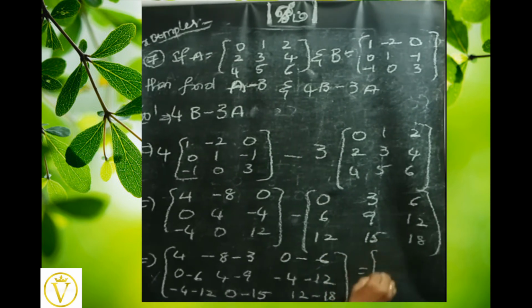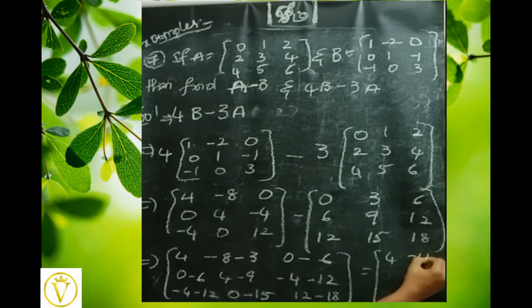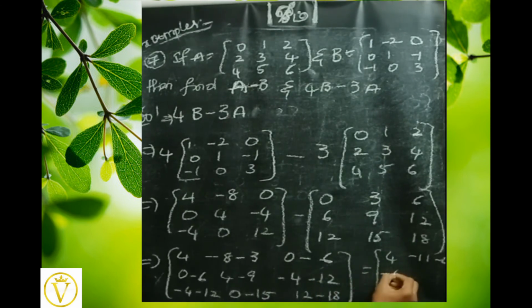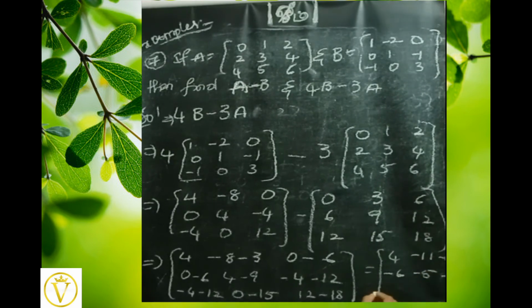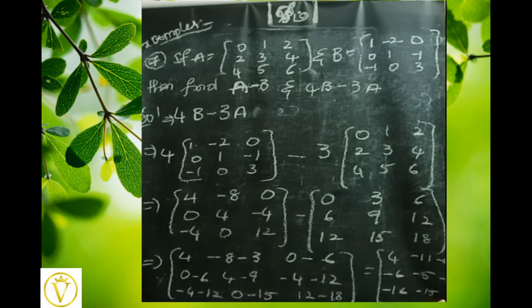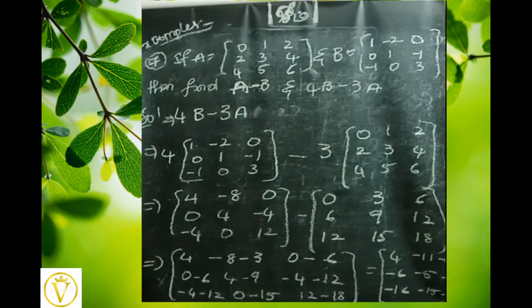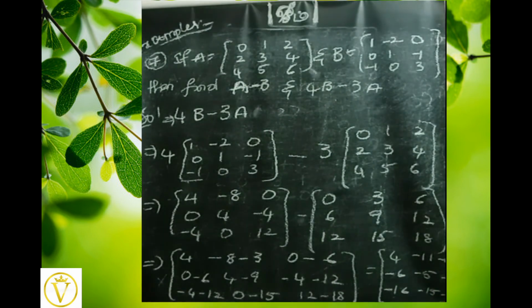Now we have to write the matrix. 4, minus 8 minus 3, minus 11. 0 minus 6 is minus 6, 0, minus 6, minus 6, minus 5, minus 16, minus 15, 6. So here minus. Why? Because the bigger value's symbol is minus. Now this is the answer.